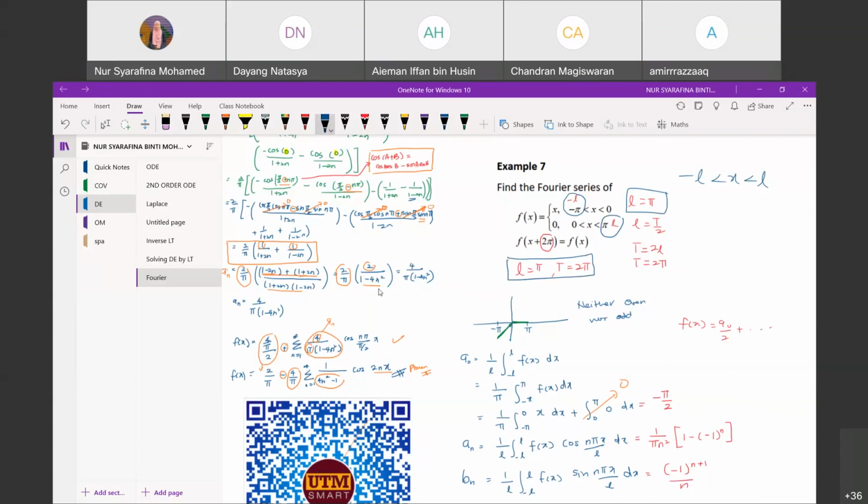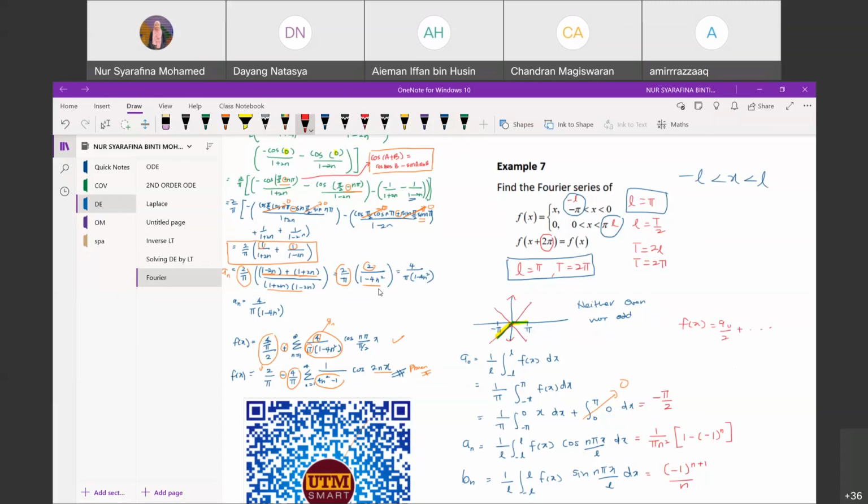Now, as you can see here, from negative pi to 0, the graph is x. Initially f(x) equals x is here, right? But now we have the limit from negative pi to 0, the graph is x, so you just stop at 0 here. And from 0 to pi, the graph is 0. So as you can see, if your line of symmetry is the y-axis, it is not symmetric. If your symmetry is about the origin, it is also not symmetric.